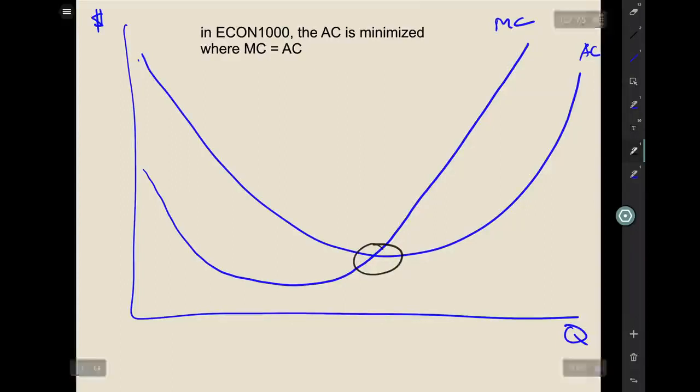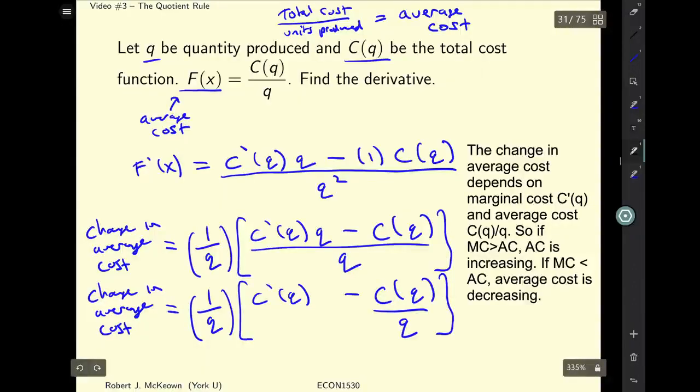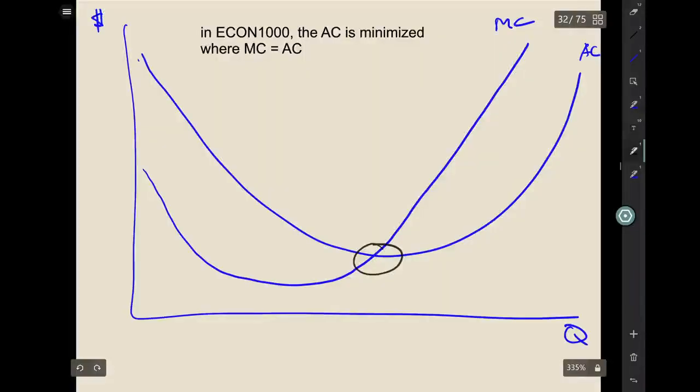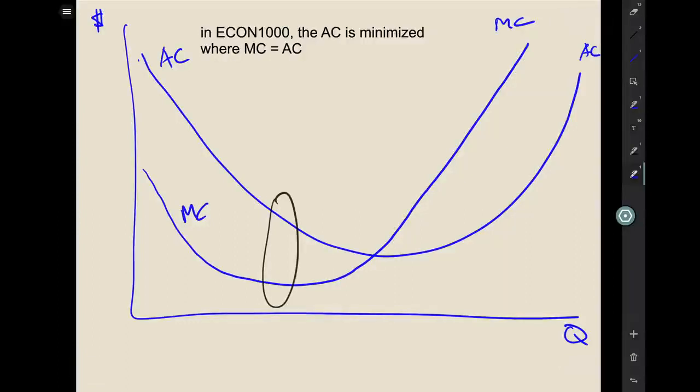And so that's what the mathematical expression we had previously is telling us. If I go back and show it to you, we've got marginal cost here, and this is average cost over here. If marginal cost is less than average cost, then we're going to be over on this side, because we've got AC, MC over there, and average cost is decreasing as Q is increasing.